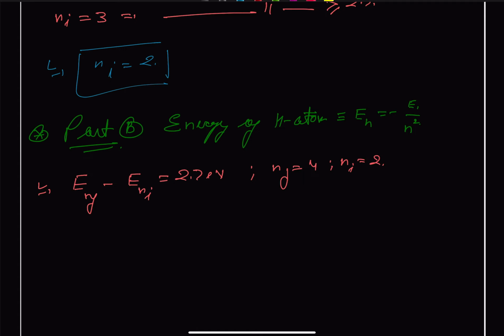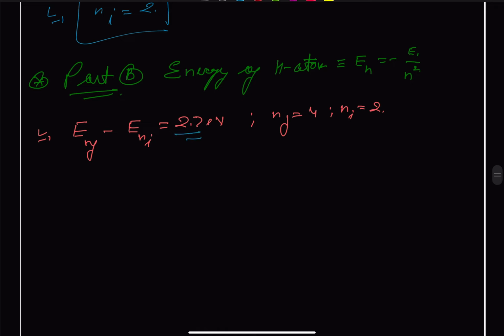So we can use the relationship En equal to minus E1 upon n square, and their subtraction with respect to 4 as well as 2. So we get minus E1 upon 4 square minus of E1 upon 2 square is equal to 2.7.